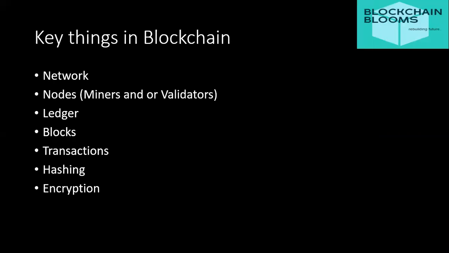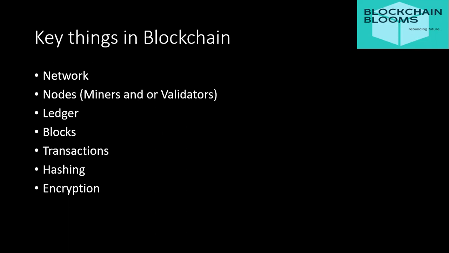Before going to see the actual transaction model, when we observe popular applications like Bitcoin and Ethereum, we need to understand the key things in blockchain. Blockchain has a network, and under that network we have nodes. Nodes are nothing but computers, or we can say peers. These peers we call miners or validators in Bitcoin and Ethereum networks.